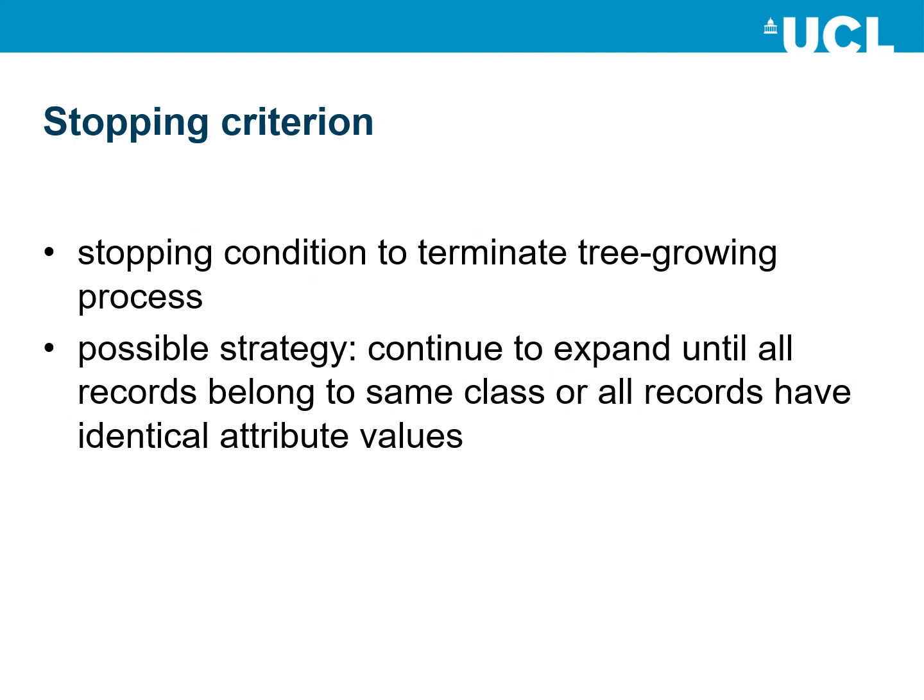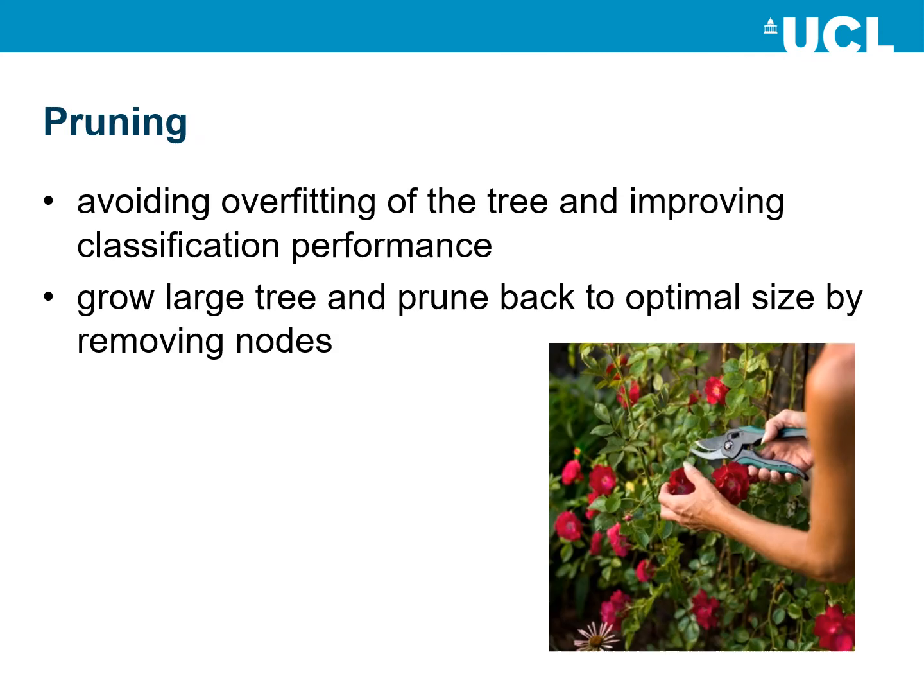What is the stopping condition to terminate the tree growing process? One possible strategy is to continue to expand until all records belong to the same class or all records have identical attribute values. What you could do then is pruning. Why is that important? You want to avoid overfitting of the tree and to improve your classification performance on unseen data sets, your test data set.